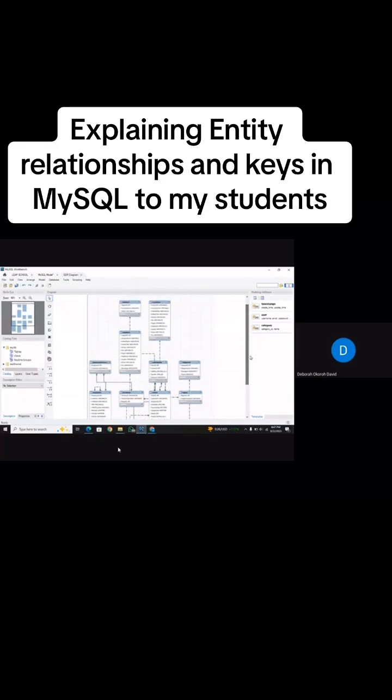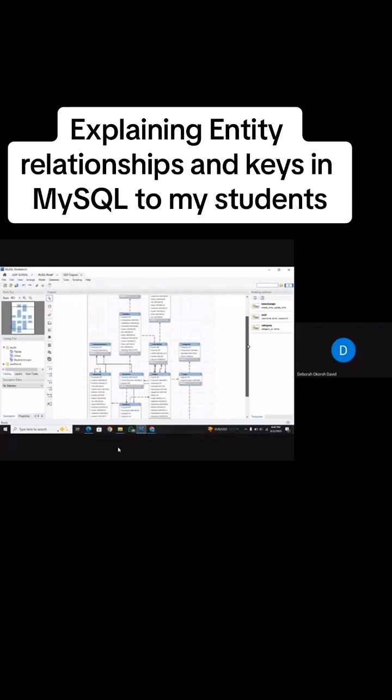Now, when I look at these shippers, I can say that the shippers table has a one-to-many relationship. How do I know that the shippers table has a one-to-many relationship? It is by the symbol. You see that there are symbols at the bottom of each table.